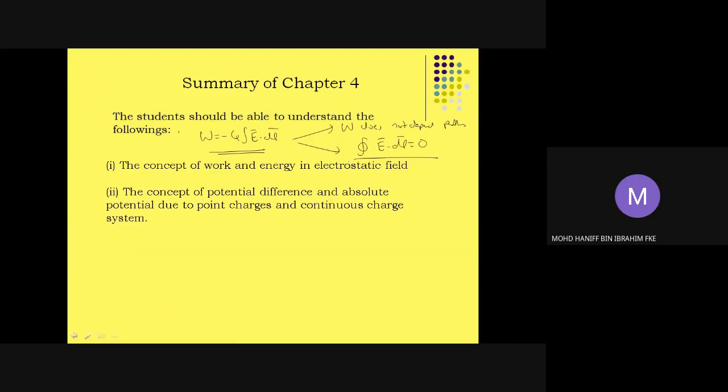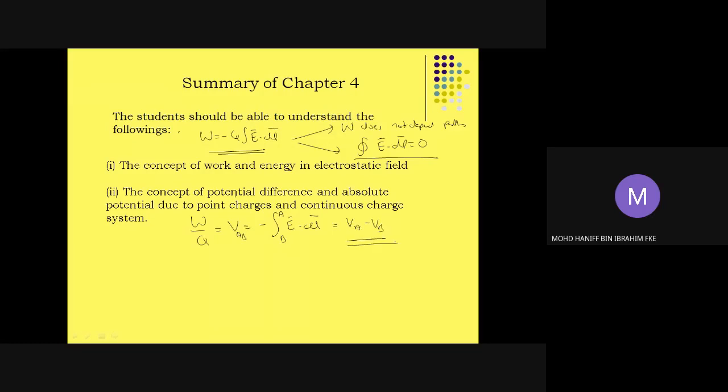Then we have learned also about the concept of potential difference and absolute potential, in which from the work equation previously, we have W over Q, which equals potential, will be negative integration of E dot dl. So potential difference from A to B should be given by integration from point B to point A, which is the starting point to the end point. That will give us the potential difference between the 2 points, which is VA minus VB.